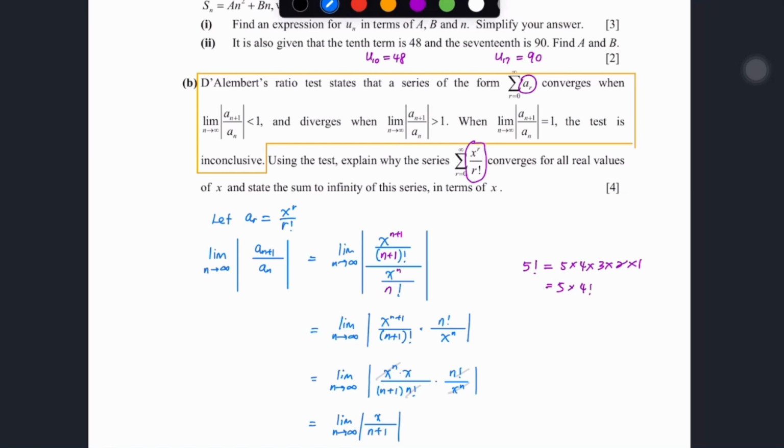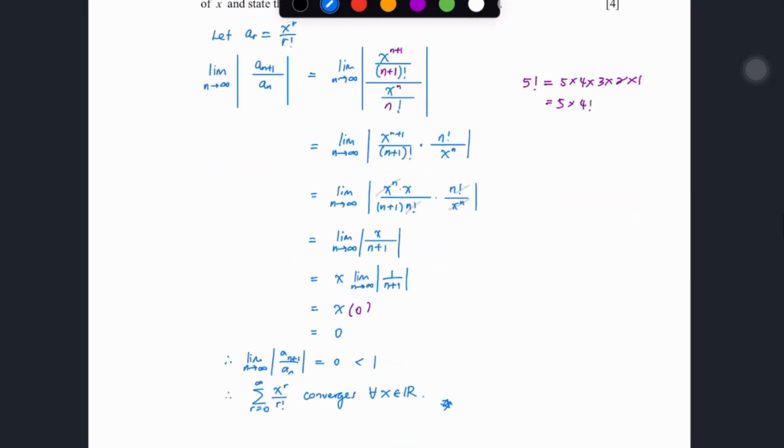No, x is all real values of x, but the r is different. R factorial is bigger than the power, because you have the extra terms behind. Factorial grows very fast.